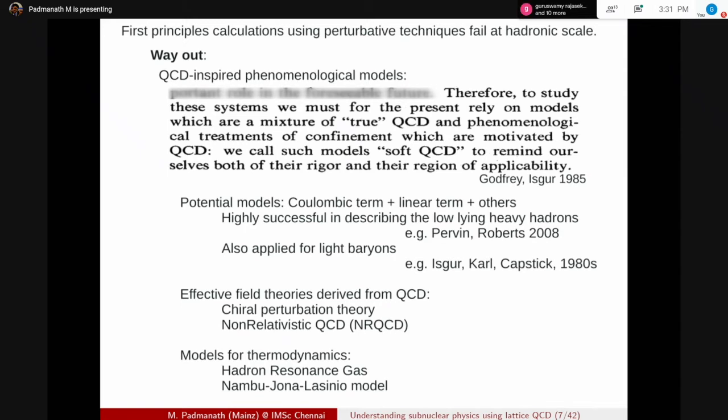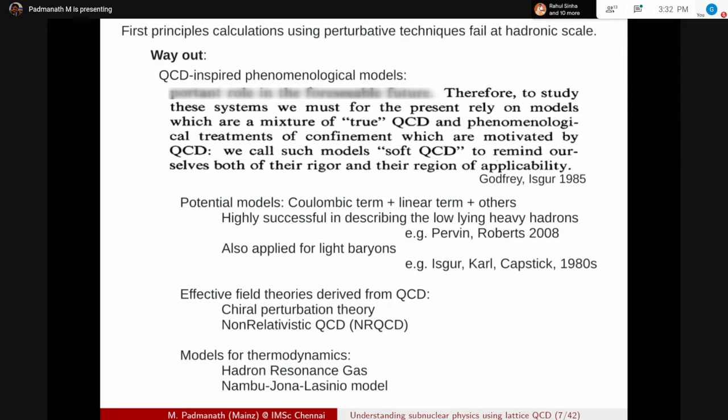Therefore, to study these systems, mainly the heavy hadron systems, we must, for the present, rely on models which are a mixture of true QCD and phenomenological treatments of confinement, which are motivated by QCD. We call such models soft QCD to remind ourselves both of their rigor and their region of applicability. So they work with a lot of approximations, particularly highlighting those aspects of the interaction which are important to reproduce whatever we get to see.